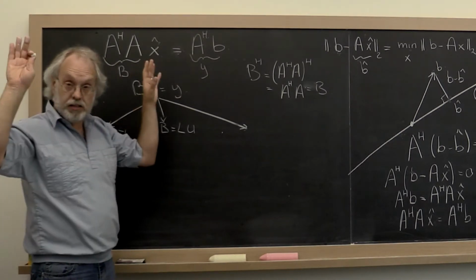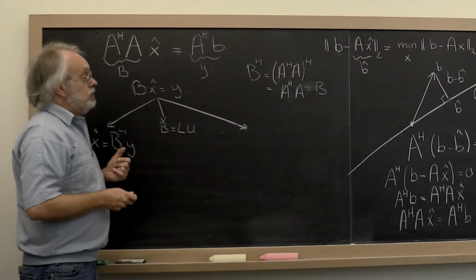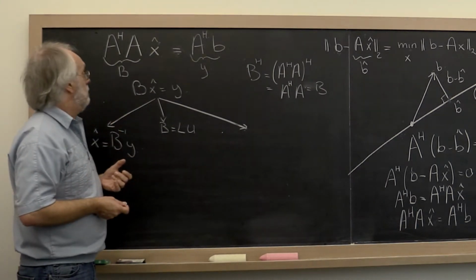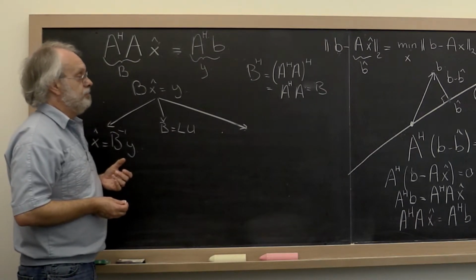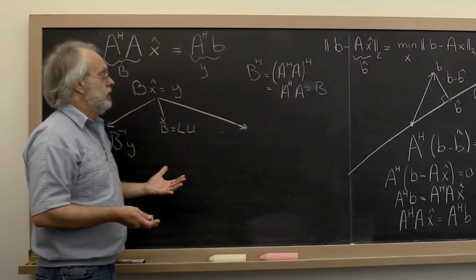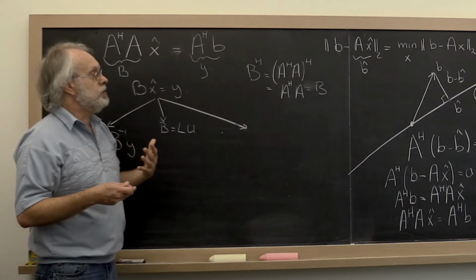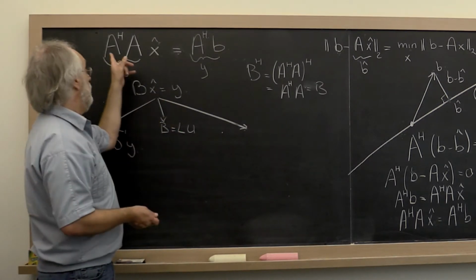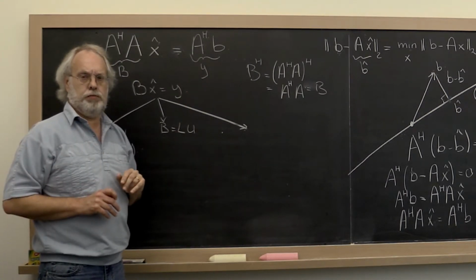It is symmetric, except in the complex sense. Alright, so that's nice. So how can we take advantage of that? Well, it's not only Hermitian and square, but it actually turns out to also be symmetric positive definite if A has linearly independent columns. And what that exactly means we'll get into in a future week.